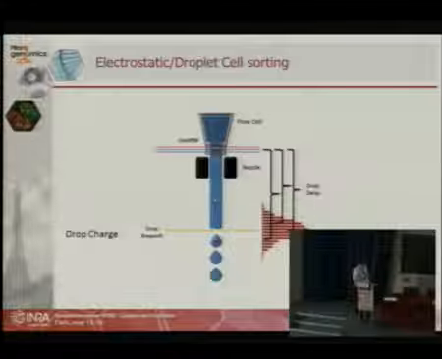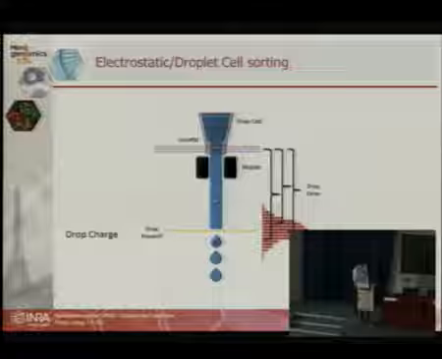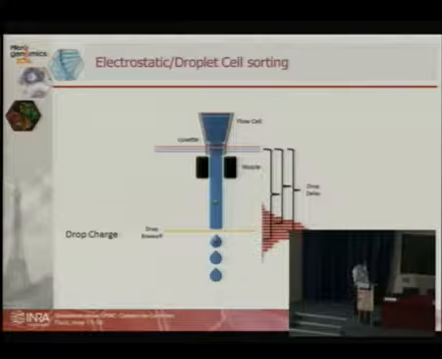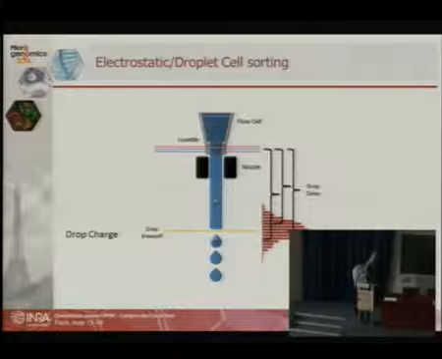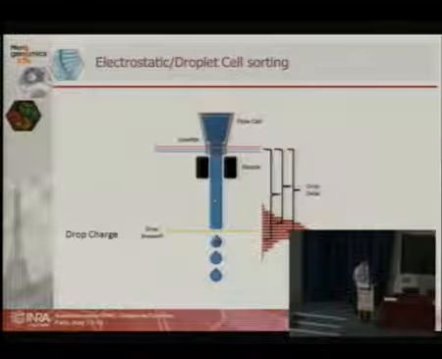Then your cell is, during that time, in a stream of liquid, and drops will start to form. At the drop break-off, the machine has analyzed the cell characteristics by fluorescence, and it will charge the droplet with electrostatic charge that allows you to deflect these droplets into your tube of interest and then collect your cell.